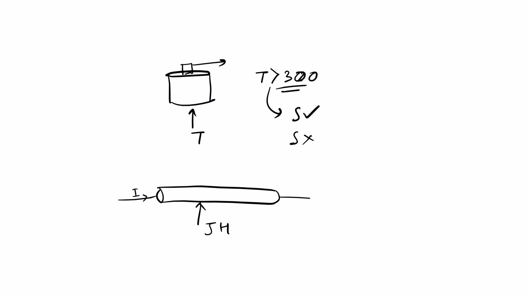And you can add a condition that if temperature is less than 100 degrees Celsius, only then 1 ampere current will flow. If the temperature is greater than 100 degrees Celsius, then the current flow will be 0.5 ampere, something like that. So conditional statements are very useful in the software.